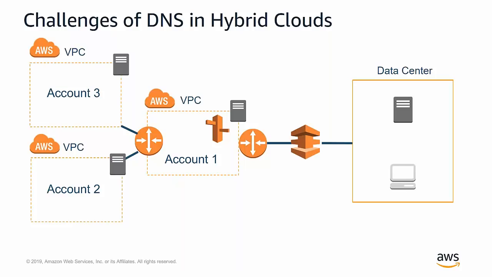In some cases, depending on whether or not a customer needs to resolve names that are specific or local to that VPC, they might have to put a resolver in every single individual VPC or in every single account at a minimum. And then for those of you who want much higher availability, you might have a resolver sitting in every single AZ just for redundancy.